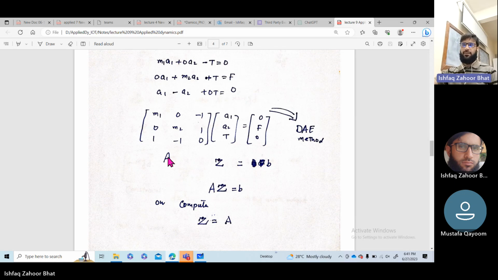You have this A matrix, you have this B matrix, you can find zeta dot. And don't forget that in every simulation we try to find this zeta dot and we put this zeta dot in our RHS file to simulate the things.